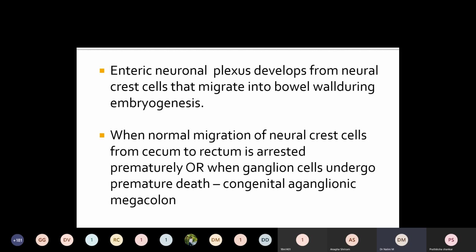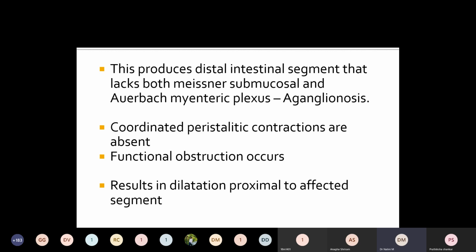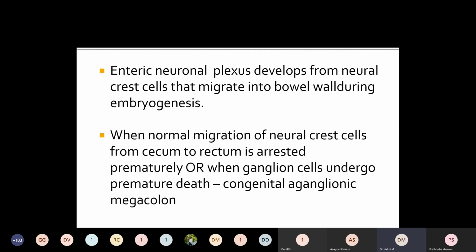When this normal migration is arrested prematurely, or when the ganglion cells undergo premature death, this results in aganglionic megacolon, and this is congenital.